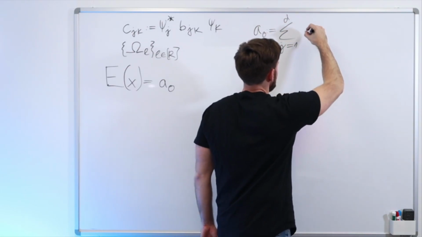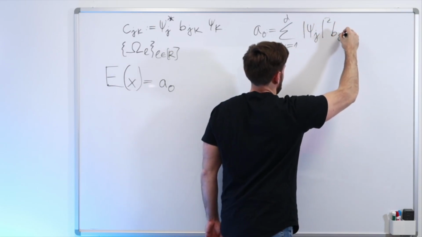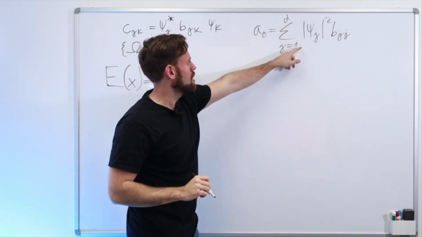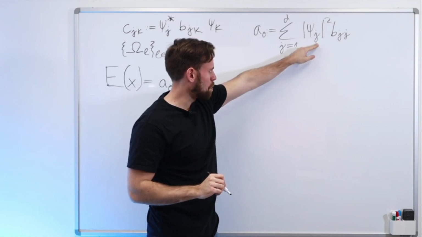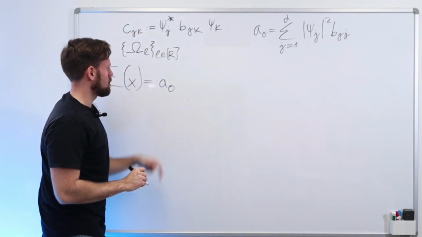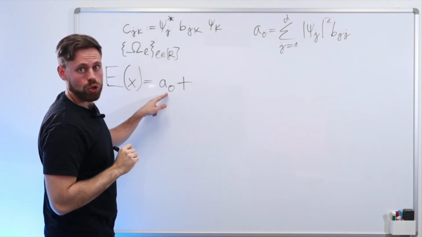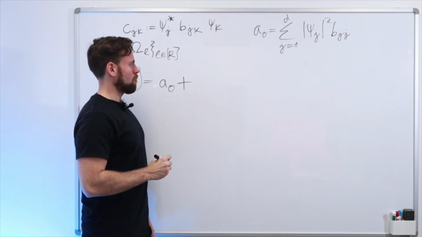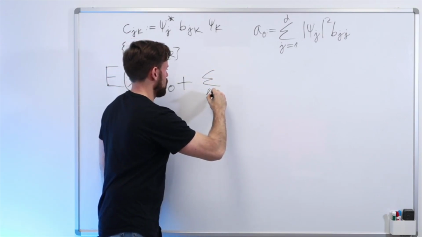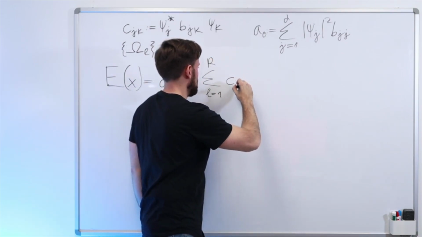So it was the sum where we had the sum j equals 1 going to d. We had the magnitude squared for psi j, and we had bjj. So let's have this as the a0 term in this sum, and write up the next term using the frequency indices such that L is going to be going from 1 to R. We have a coefficient CL.